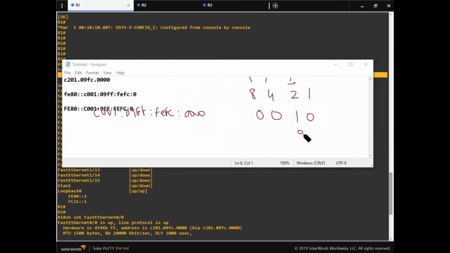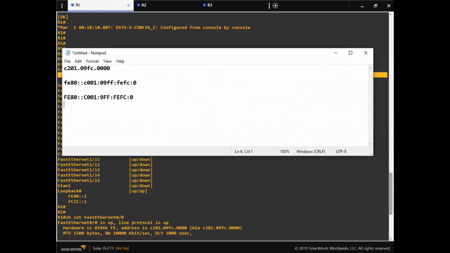You can just check. The 7th bit is converting to 0, so it will be C000. So that is how your EUI format is defined.